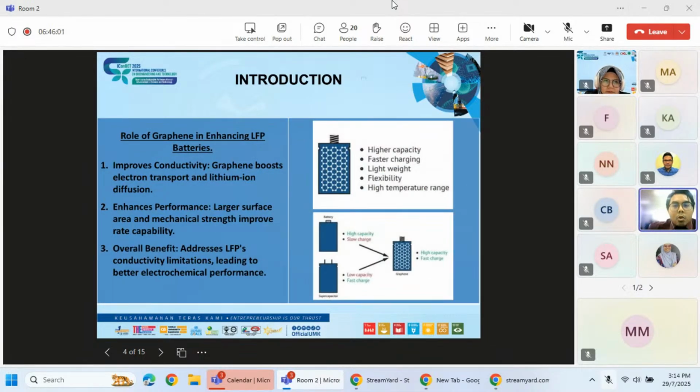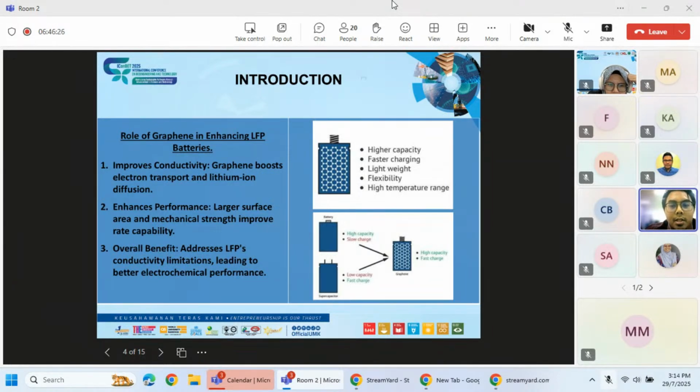Okay, to overcome the limitation of LFP battery, particularly their low conductivity, graphene has emerged as a promising additive material. Graphene significantly improves electrical conductivity by enhancing both electron transport and lithium ion diffusion within the battery structure.